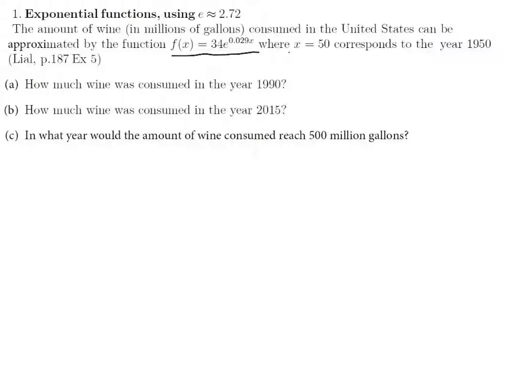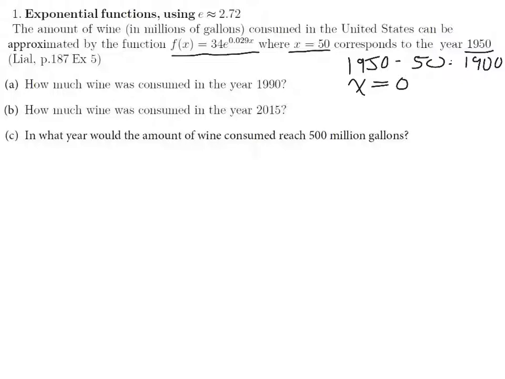It says here that x is 50 for the year 1950. So our baseline year would be 1900, right? So 1950 minus 50, that will be 1900. So x is 0 for 1900, yeah?